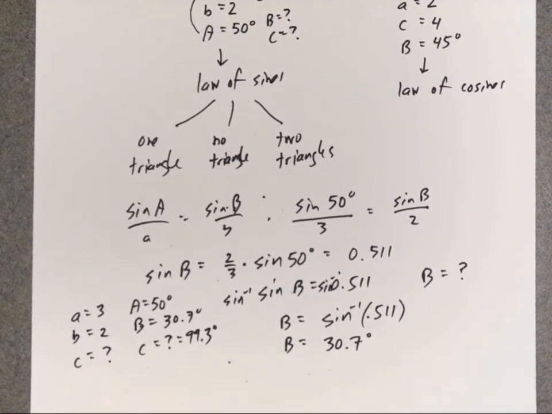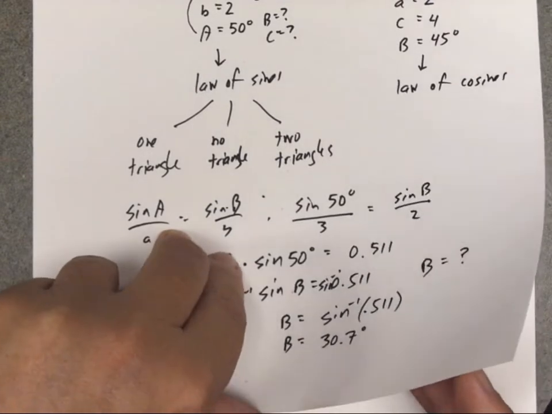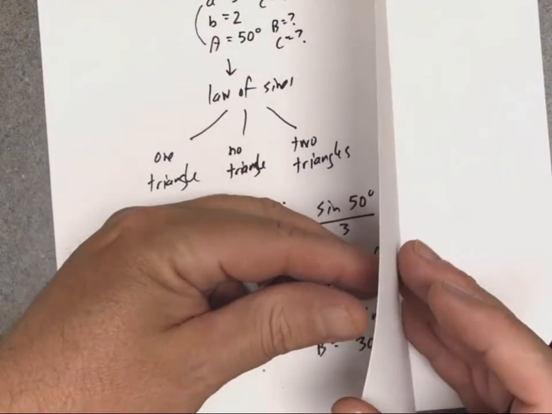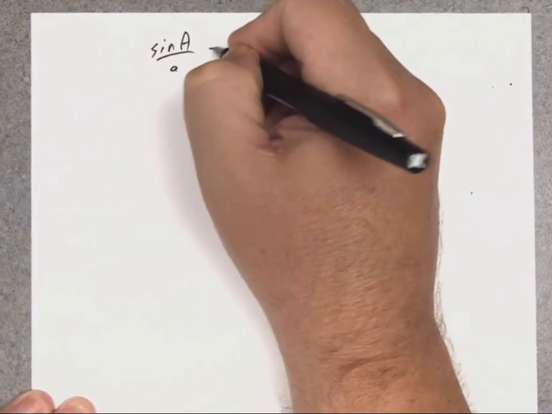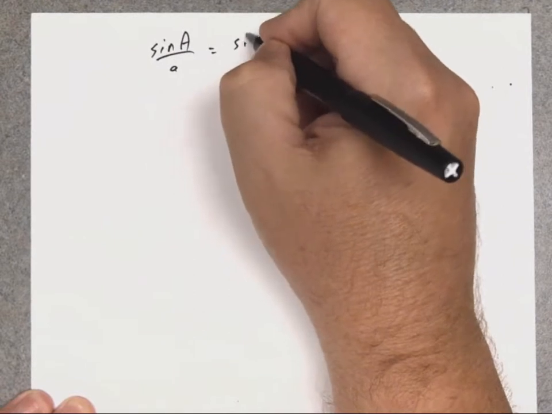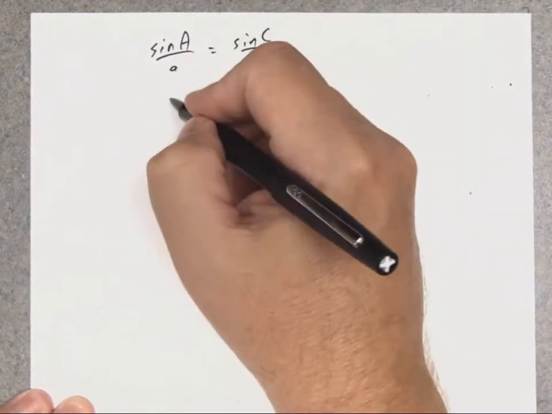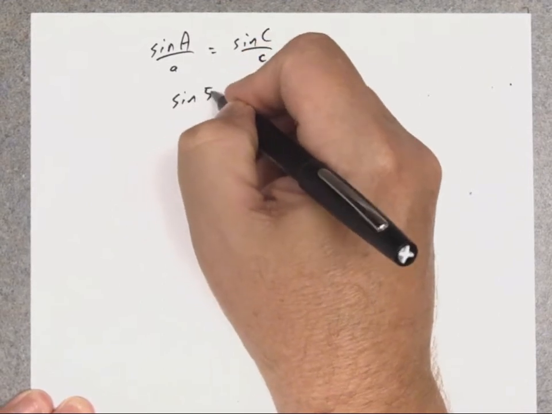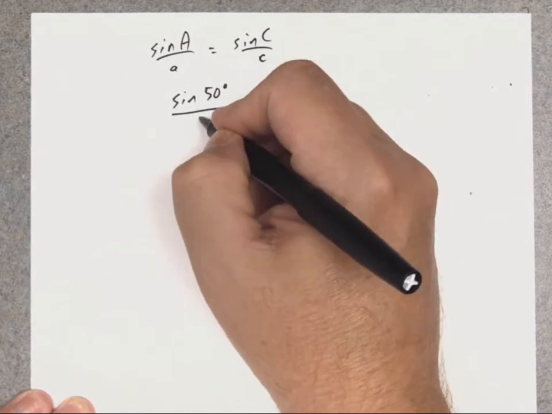The only thing left is side C. Let's use another law of sines to figure out the length of side C. I'll do A and C. Sine A over A equals sine C over C. Sine A is sine 50 degrees, and A is 3.